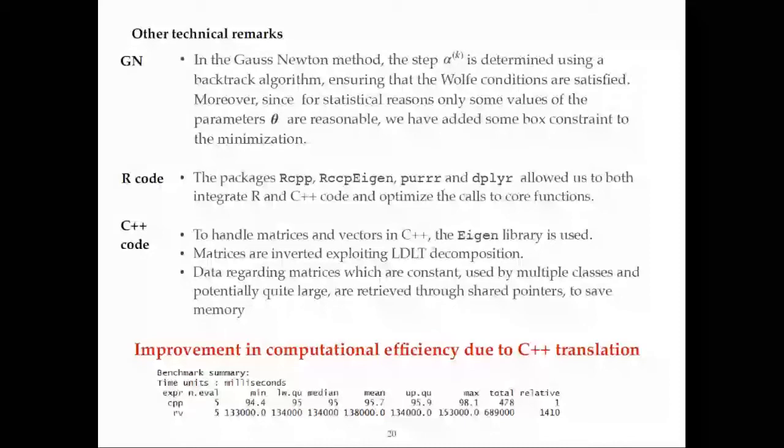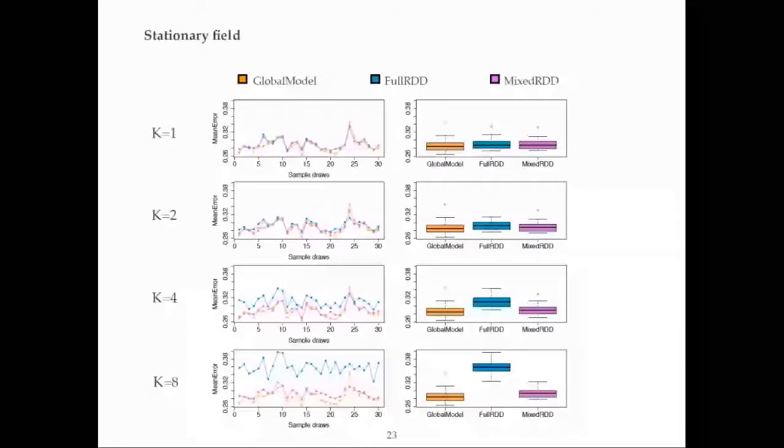We will now just give a first glance to the results of a simulation study that we conducted to compare the three methods on different settings. So without delving into the details, they just show that on stationary data, mixed RDD has an accuracy comparable to the one of the global model, while on non-stationary data, it can have even better performances than full RDD.